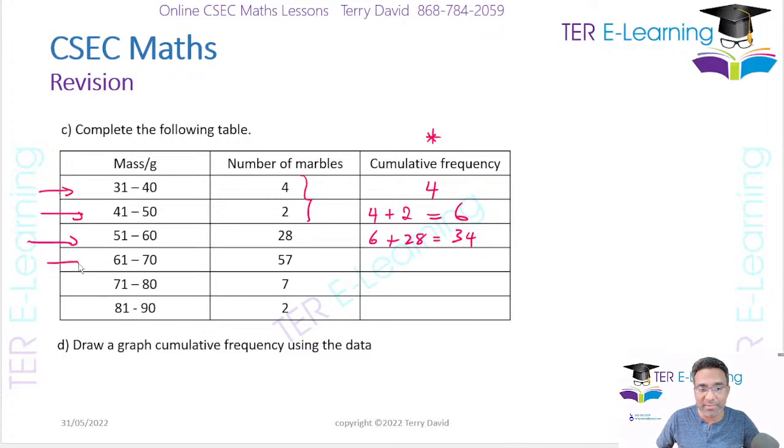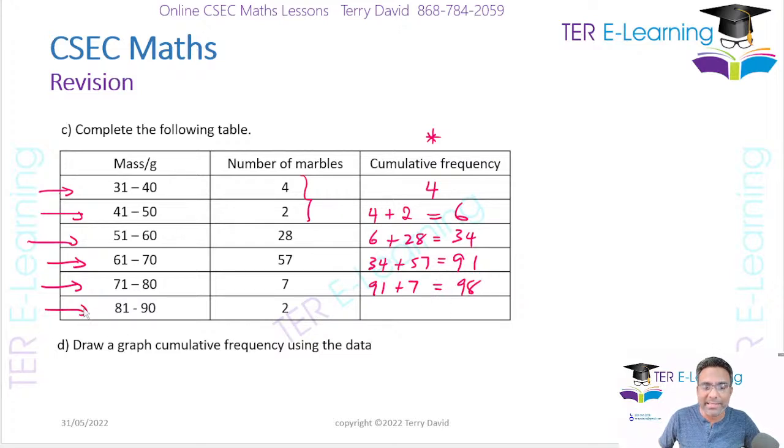For this interval now, I'm going to take my cumulative frequency so far, which is 34, and I'm going to add 57. When I add that, 7 and 3, 10 and 1, 11, 5 and 3, 8, so I'm getting 91. And then when I reach this interval here, I'm going to say 91 plus 7, and I'm going to get 98.